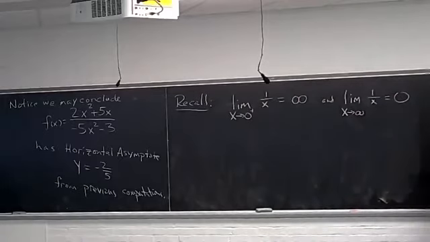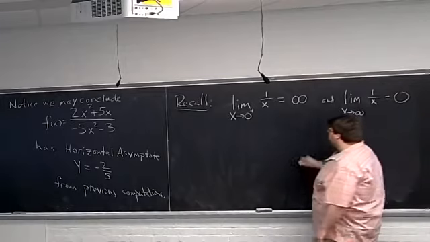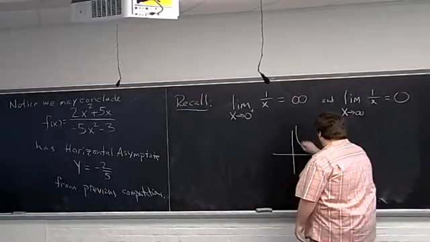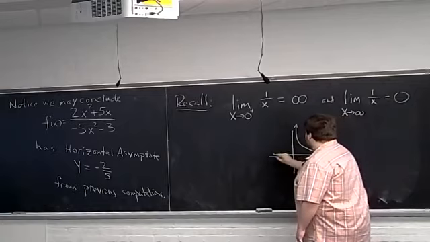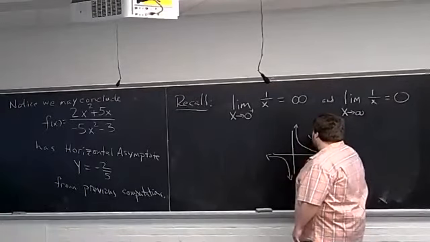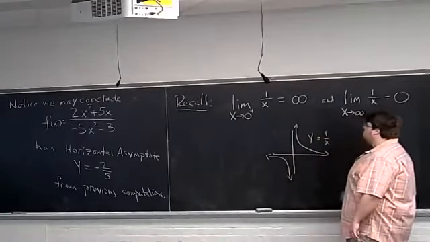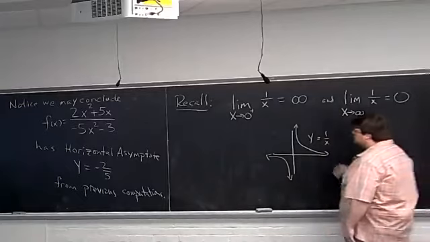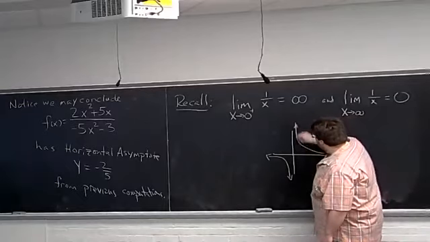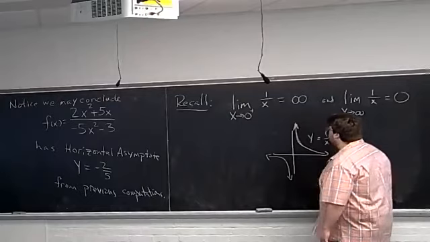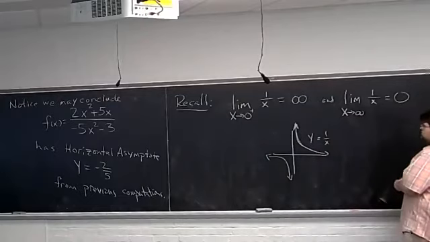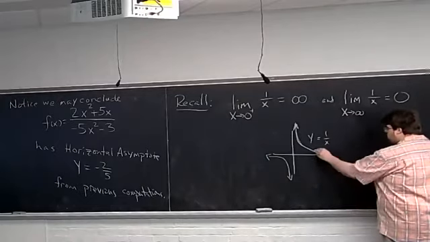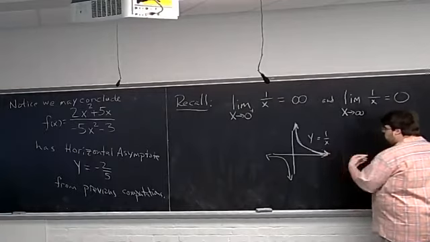So these two limits we saw a few times, and in each case, we looked at the graph of 1 over x and interpreted that. As x went to 0 from the right, this curve went up to positive infinity. And as x went to infinity, this curve went to 0.